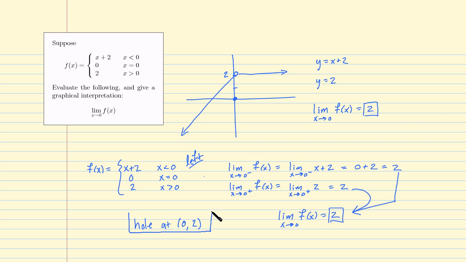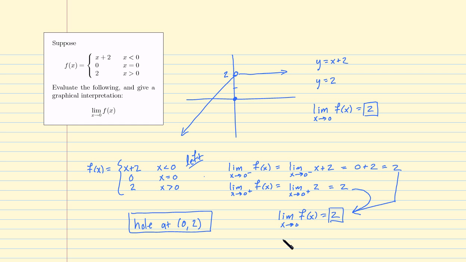That's the graphical interpretation. Again, you don't have to graph it to figure that out. We have a value for the limit. If the original function's value at 0 either fails to exist or disagrees with this, that's when we get a hole.